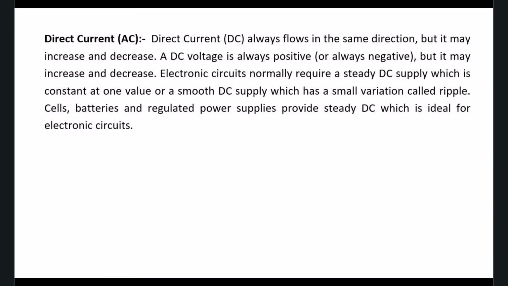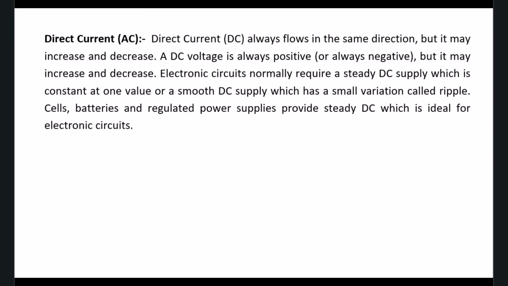Electronic circuits normally require a steady DC supply, which is constant at one value, or smooth DC supply, which has a small variation called ripple. Cells, batteries, and regulated power supplies provide steady DC, which is ideal for electronic circuits.